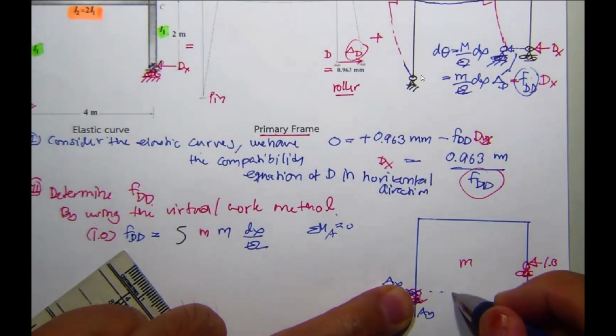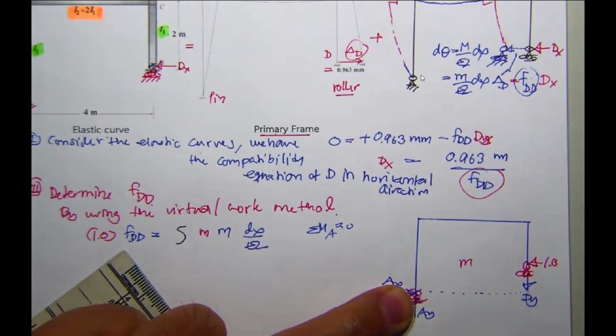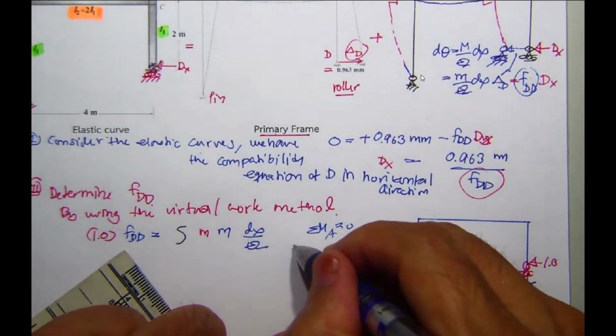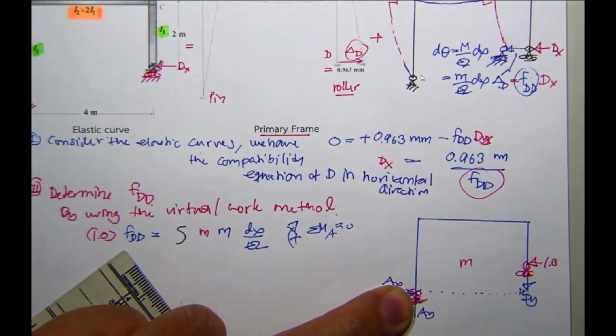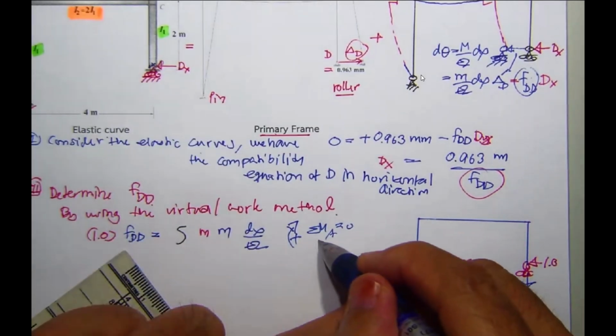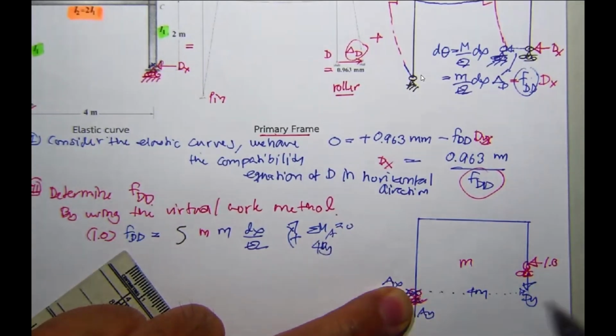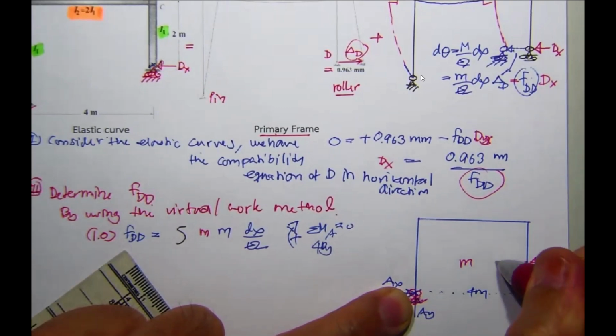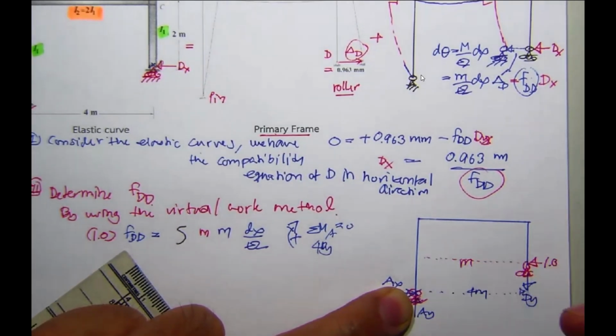And this is going to be the line of action of D sub y located in clockwise direction, and this is 4 meter over here. So for D sub y, one has the line of action over here, and the difference over here, 3 meter and 2 meter, this is 1 meter.